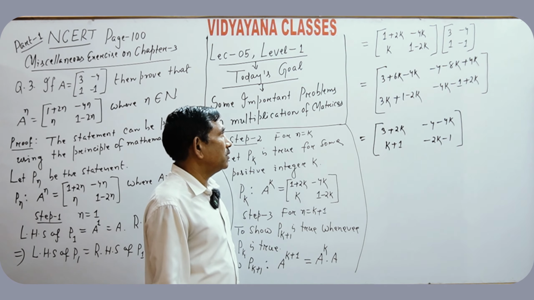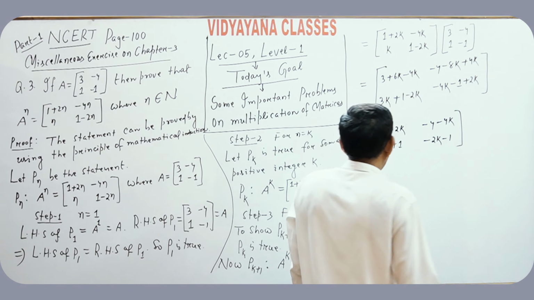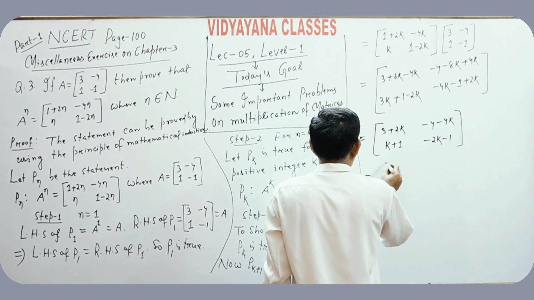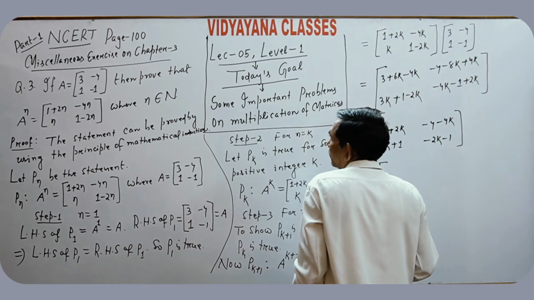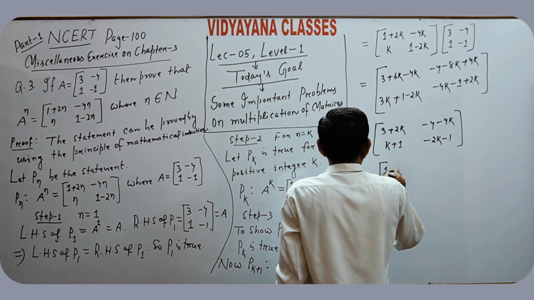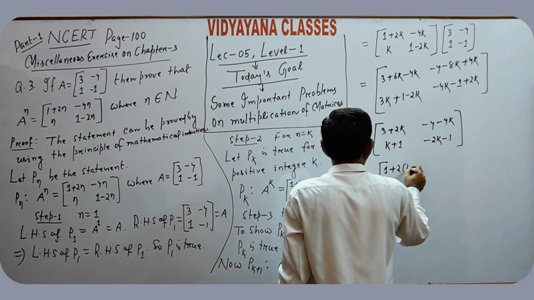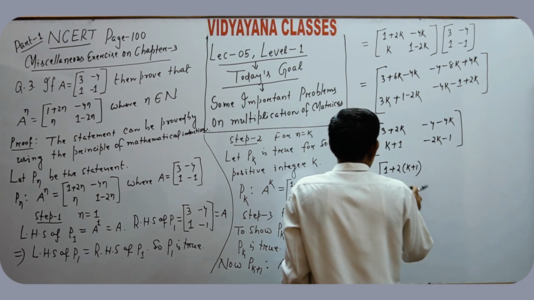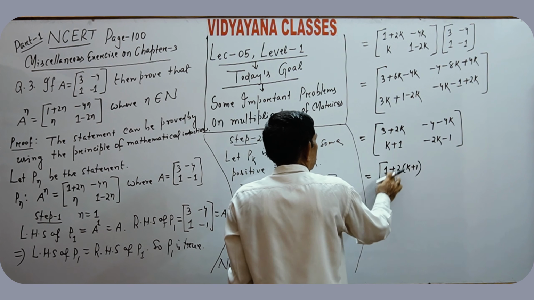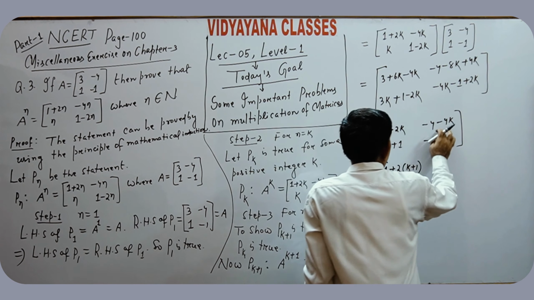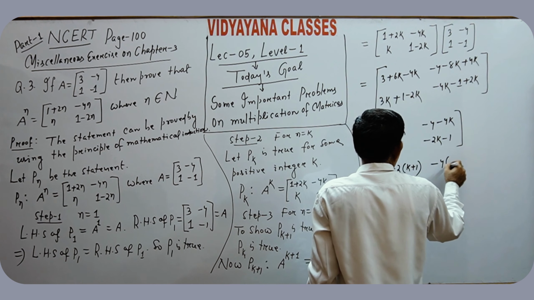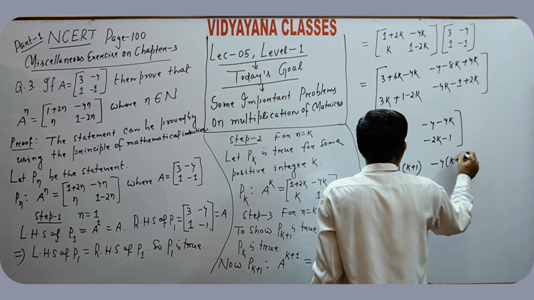Clear? Minus 2k plus 1, which is same as 1 plus 2 into k plus 1, that is 2k plus 2 plus 1, that is 3 plus 2k. It can be written as minus 4 into k plus 1.